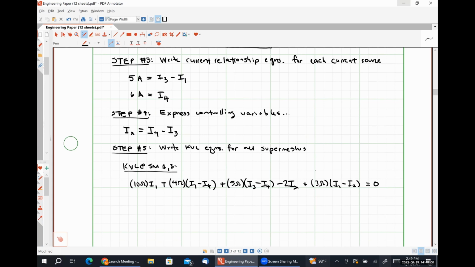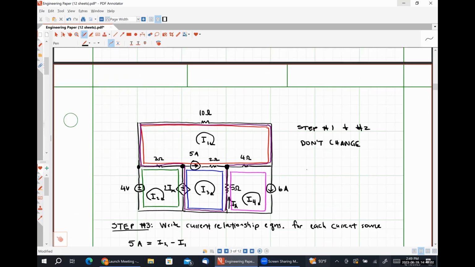Okay. So I want to mention something here because students ask me about this a lot for problems like this. That 2 ohm resistor that's shared between mesh 1 and mesh 3 did not show up in our equation. That's perfectly okay. It shouldn't, because we're trying to avoid that entire branch.